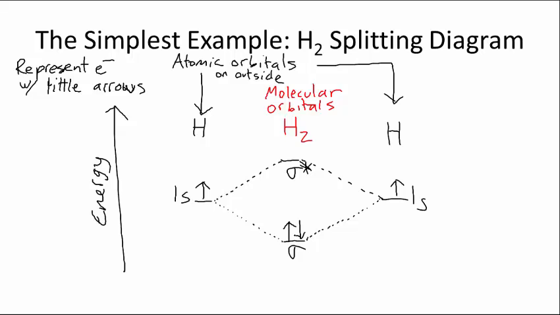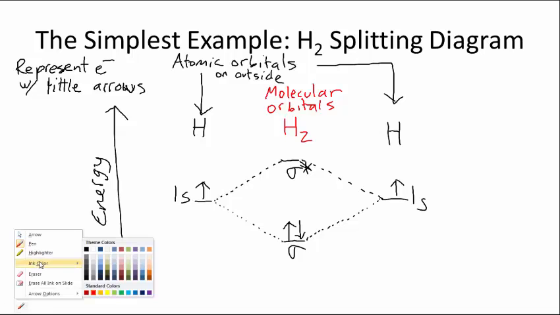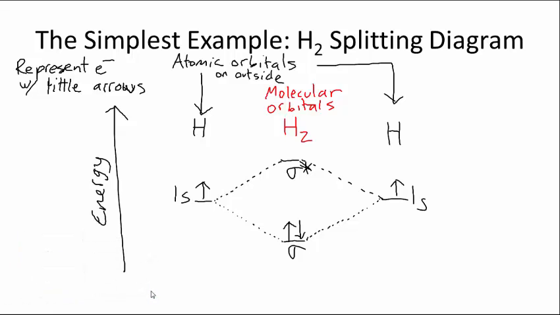So both electrons go in that bonding orbital. So one key thing to note is that the electrons are now at lower energy than they were in the individual atoms.